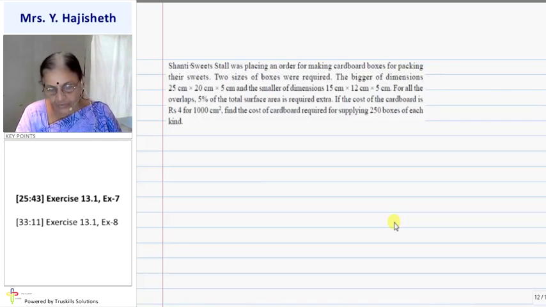First I should find out both surface areas.